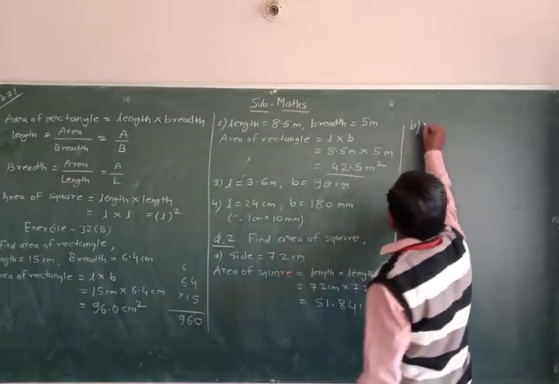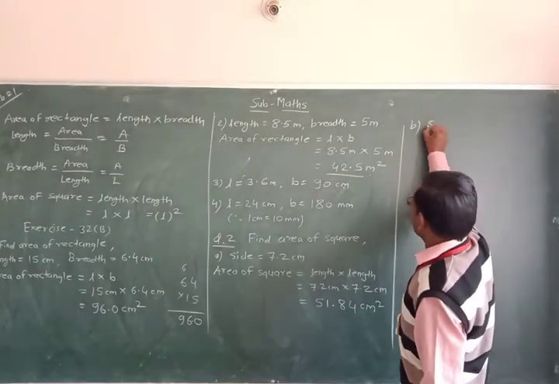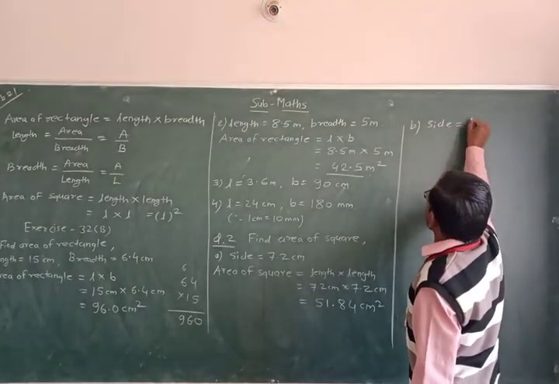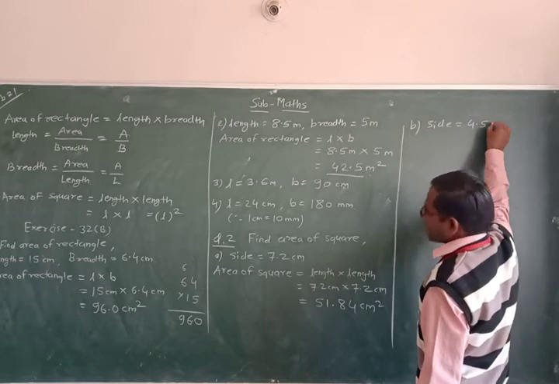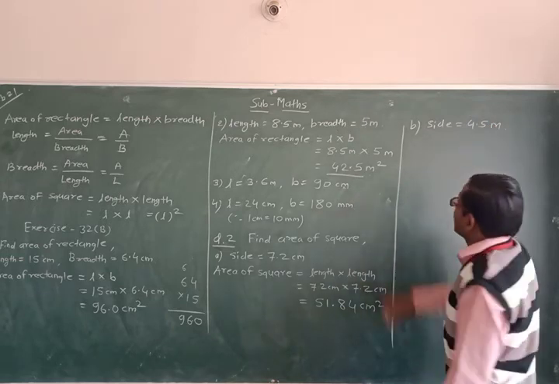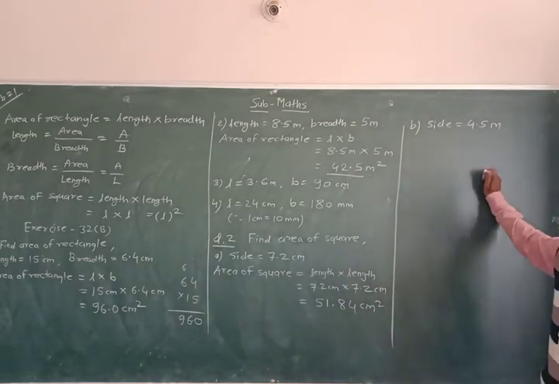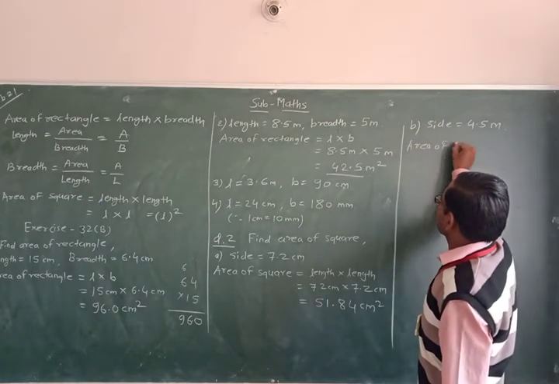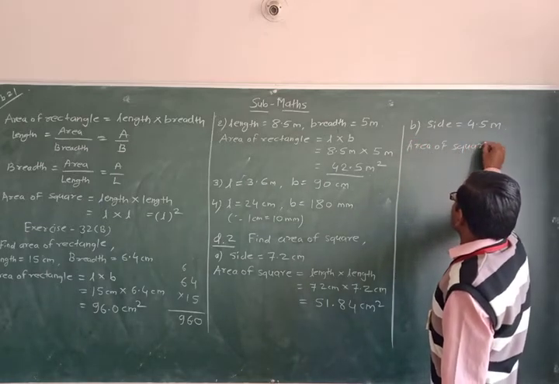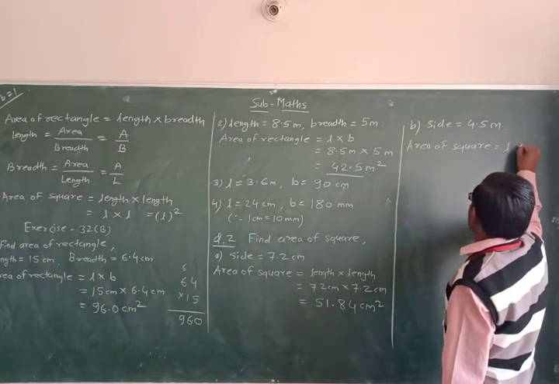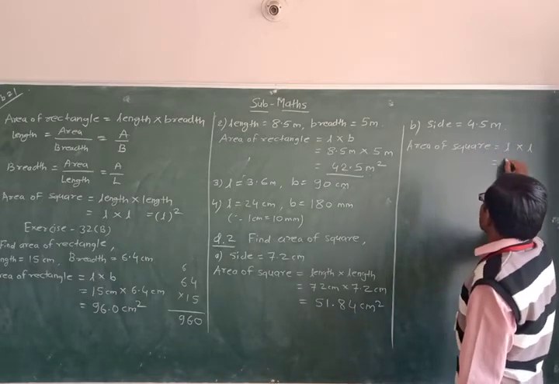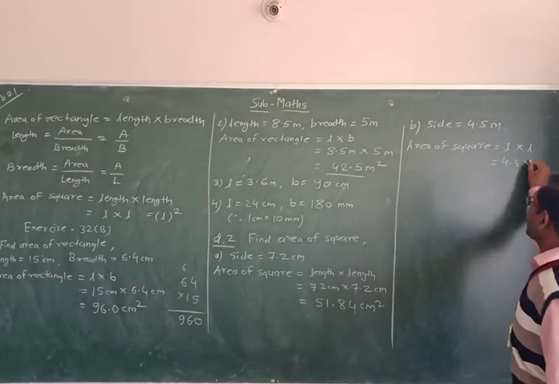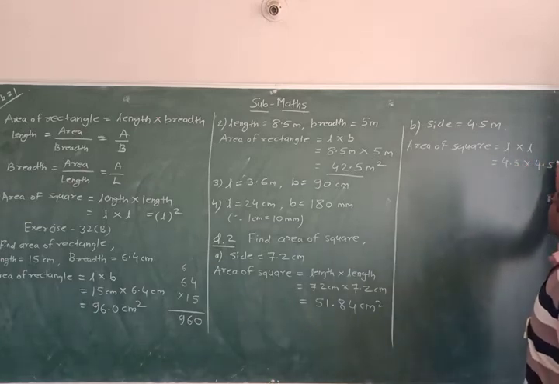Very easy. Side is equal to 4.5 meter. Then write down the formula. Area of square is equal to length multiplied by length is equal to 4.5 multiplied by 4.5 meter square.